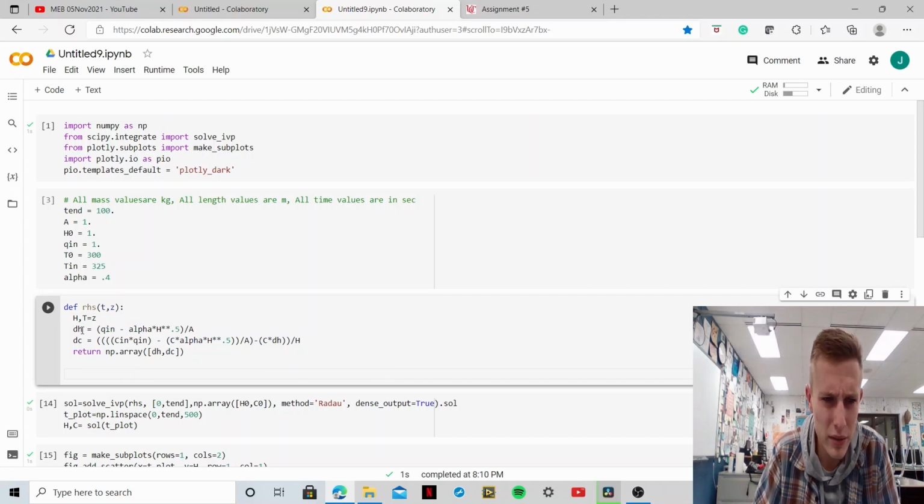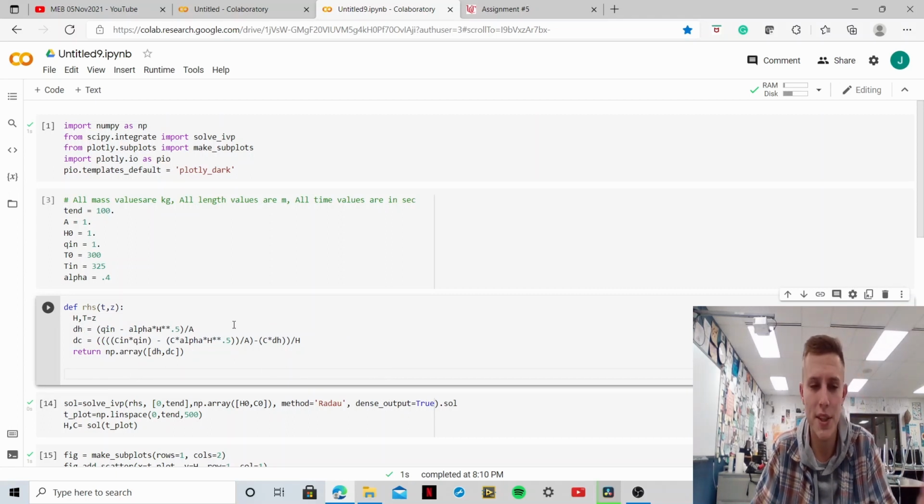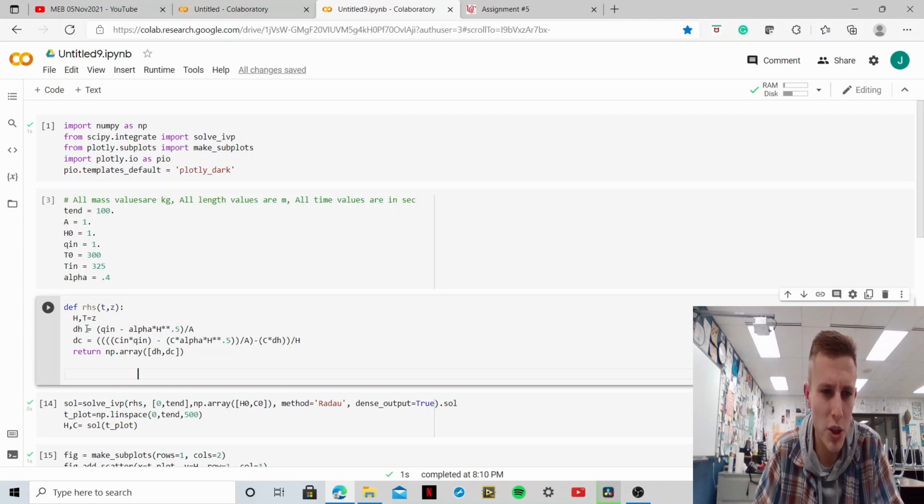So our height equation stays the same. Our small change in height is equal to our flow rate in minus our flow rate out, which is alpha, 0.4, times the square root of our height, which stays at 1 meter. The square root is the same thing as taking it to the 1/2 power, divided by our cross-sectional area, which is 1 meter squared.